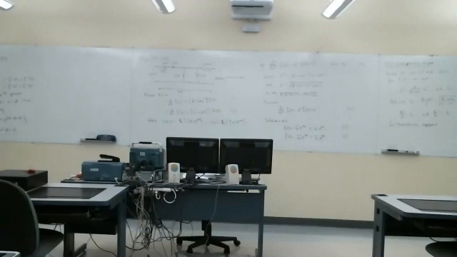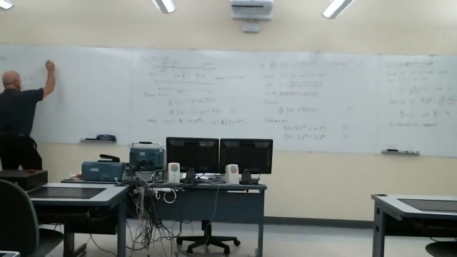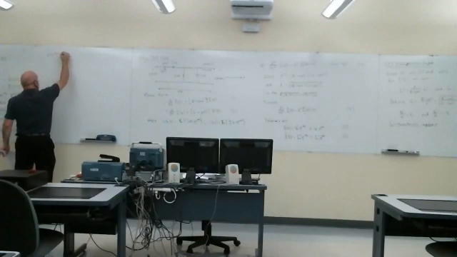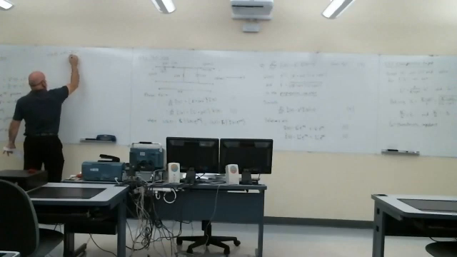Okay. Now, this e^(-αz) term means that the amplitude is being attenuated the farther we go down the line. So if I were to draw this, let's draw it at time equals 0. And just for convenience, I'm going to say this phase angle is 0.